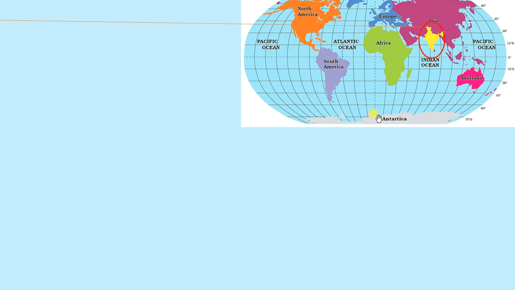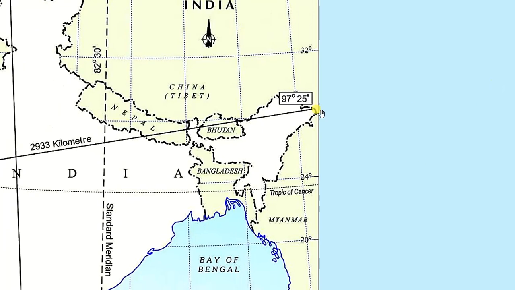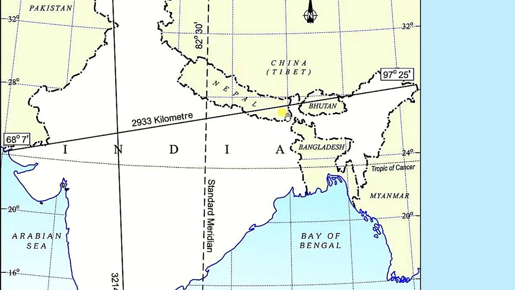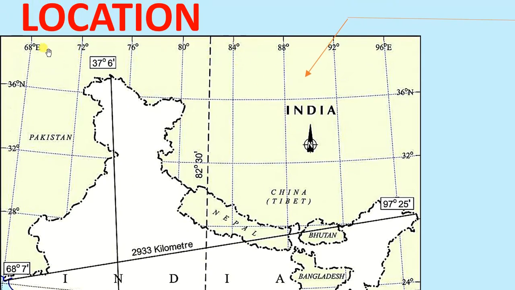So whatever longitudes you see on India's map are eastern. See here, it is written east and east.